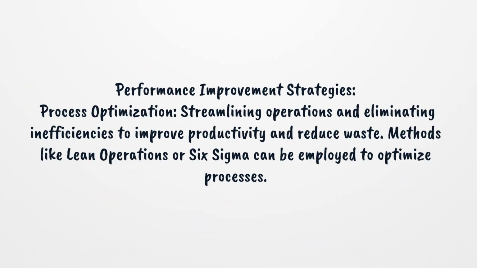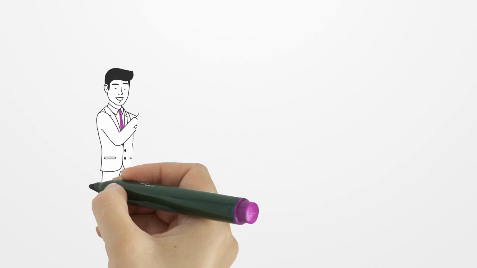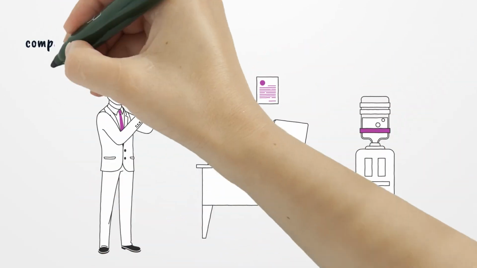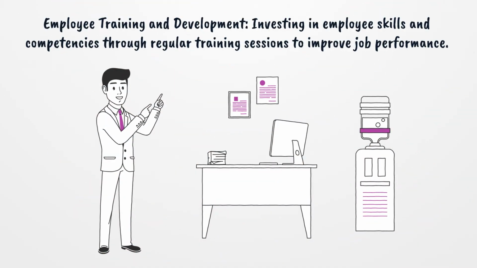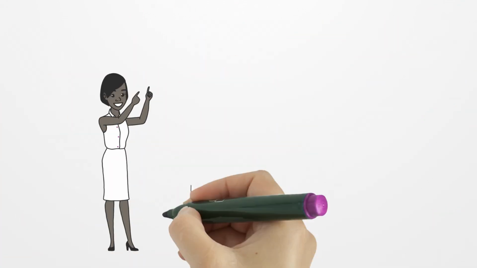Performance improvement strategies. Process optimization, streamlining operations and eliminating inefficiencies to improve productivity and reduce waste. Methods like lean operations or Six Sigma can be employed to optimize processes. Employee training and development, investing in employee skills and competencies through regular training sessions to improve job performance.